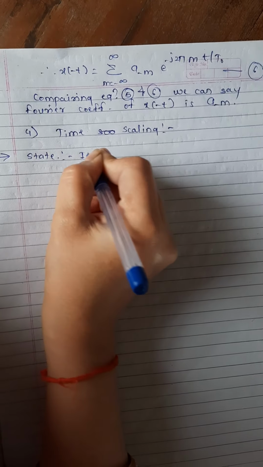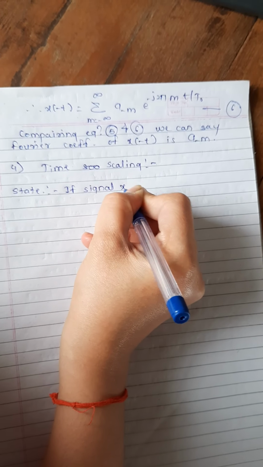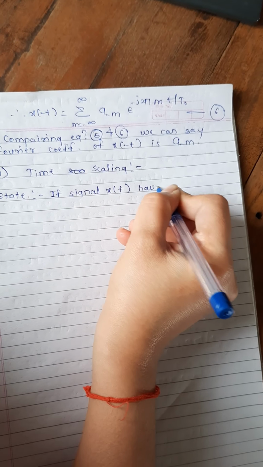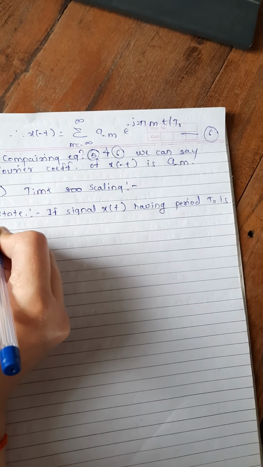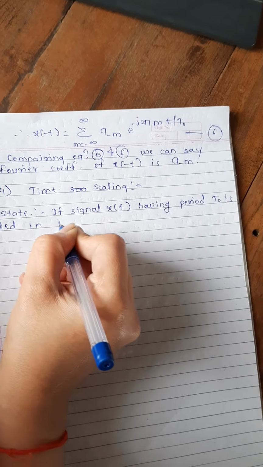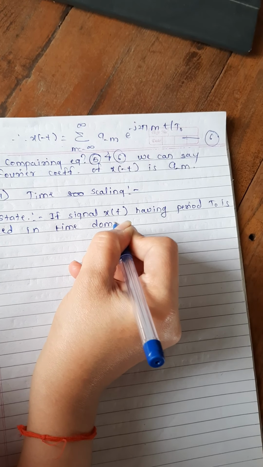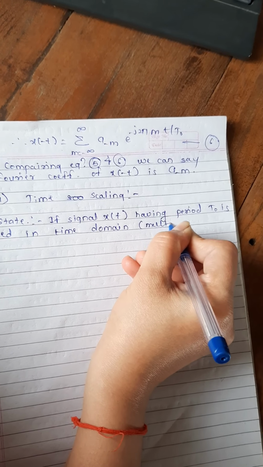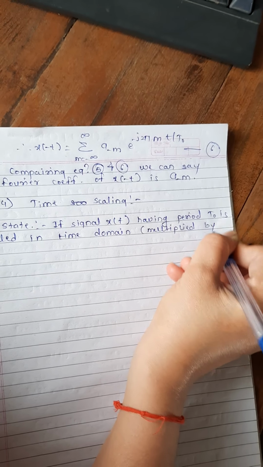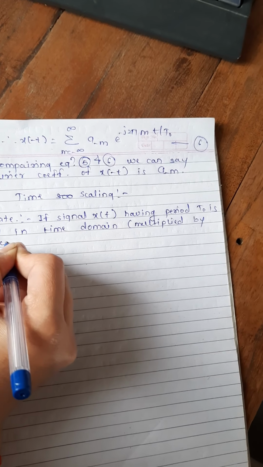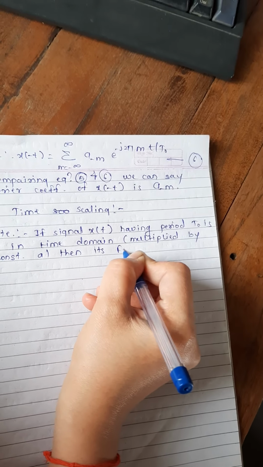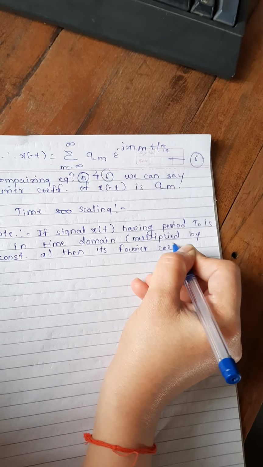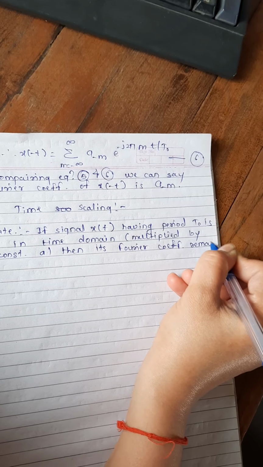If signal x of t having period T0 is scaled in time domain, multiplied by some constant a, then its Fourier coefficient remains unchanged.